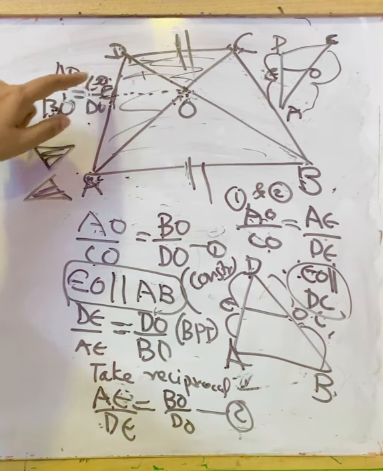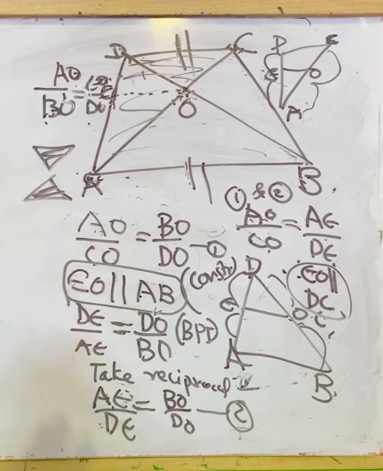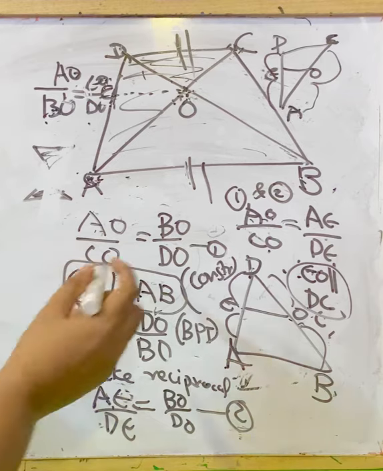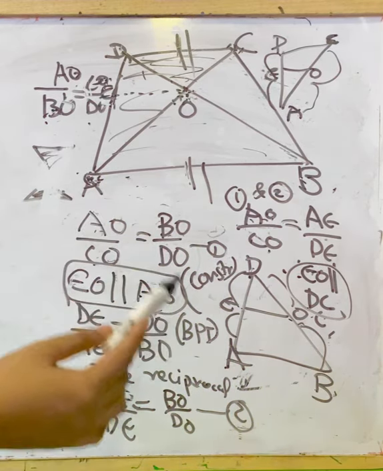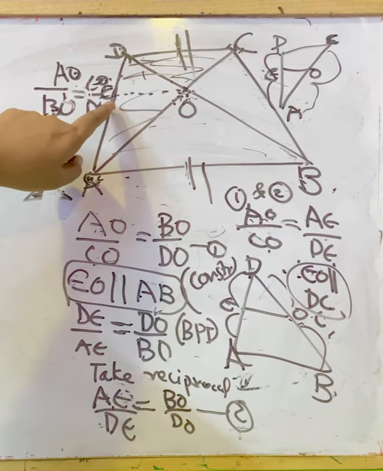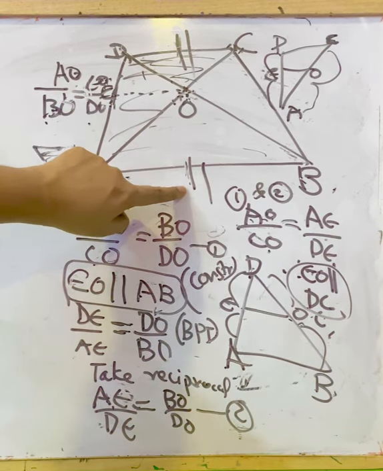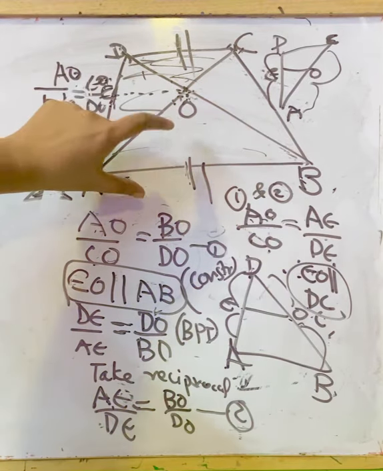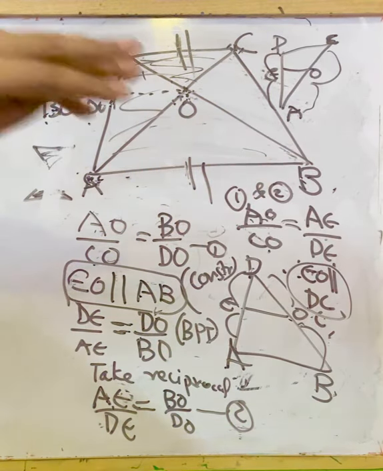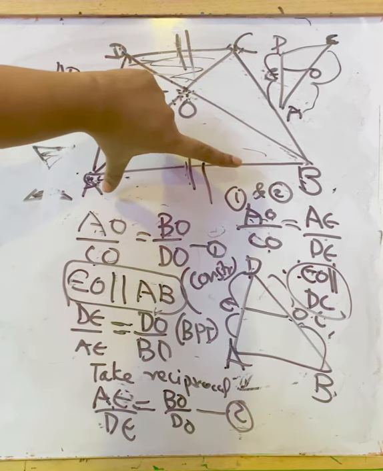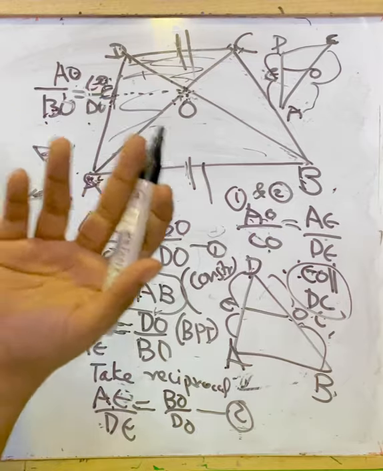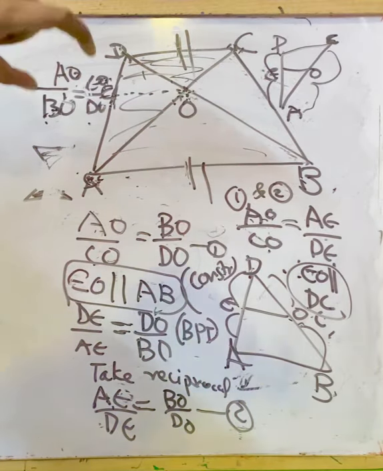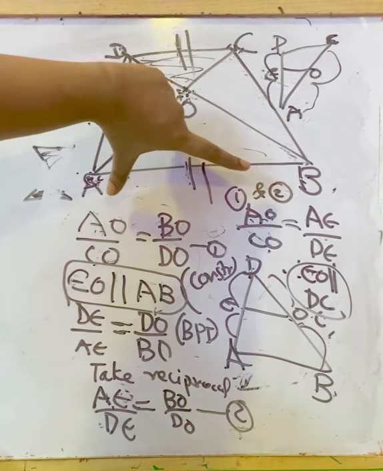So we interchange the numerator and denominator so that we can use it, and we rewrite it as AO by CO equal to BO by DO. Now we constructed only one condition, that is EO parallel to AB. In the last question, AB and DC were given parallel, so if EO is parallel to AB, EO is parallel to DC. Here it is not given that they are parallel lines, so we are simply constructing EO parallel to AB.